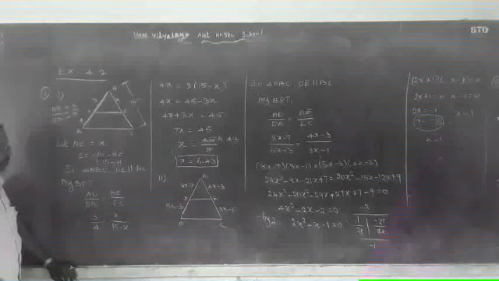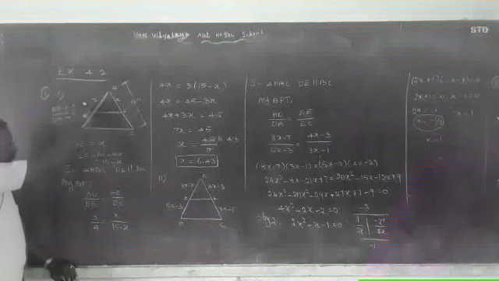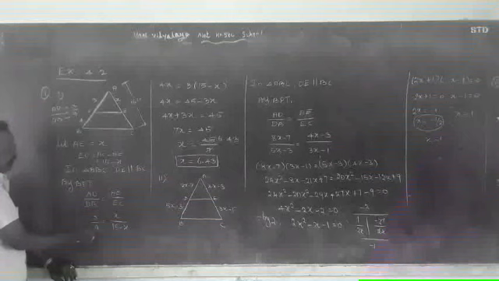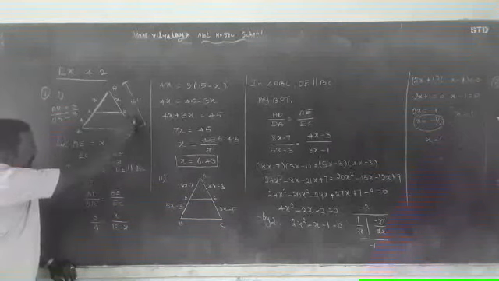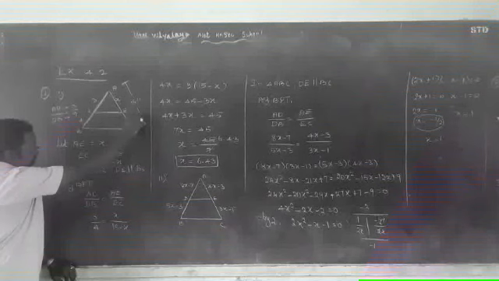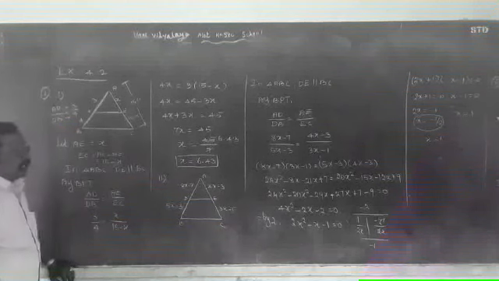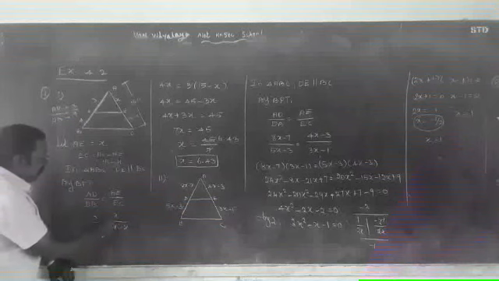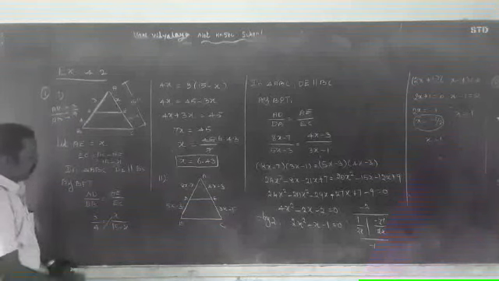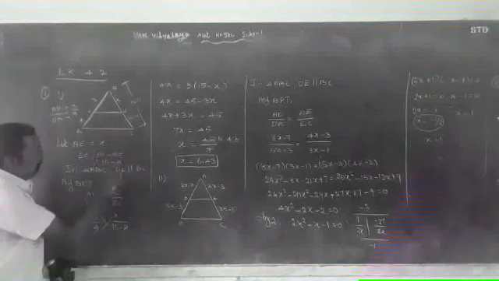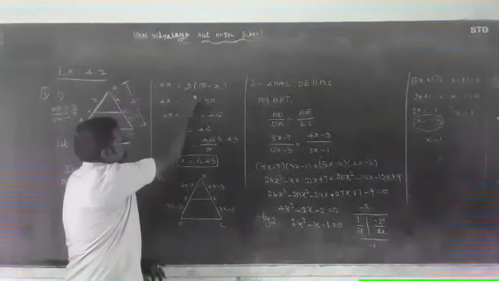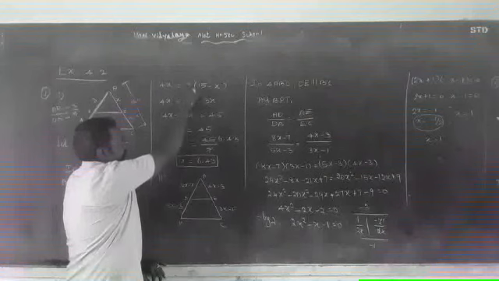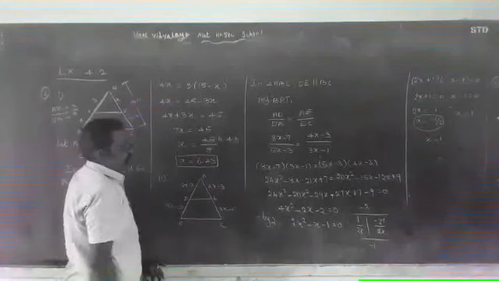So carefully substitute here. AD 3, DB 4 equals AE X by EC 15 minus X. Cross multiplication: 4 into X, 3 into 15 minus X. So 4x equals 3 15s are 45 minus 3 into X, 3x.